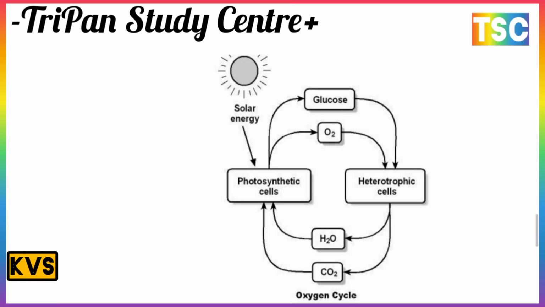There is a very easy diagram here, the oxygen cycle. It is very simple and very useful for you. Here the sun produces solar energy for the photosynthesis cell.